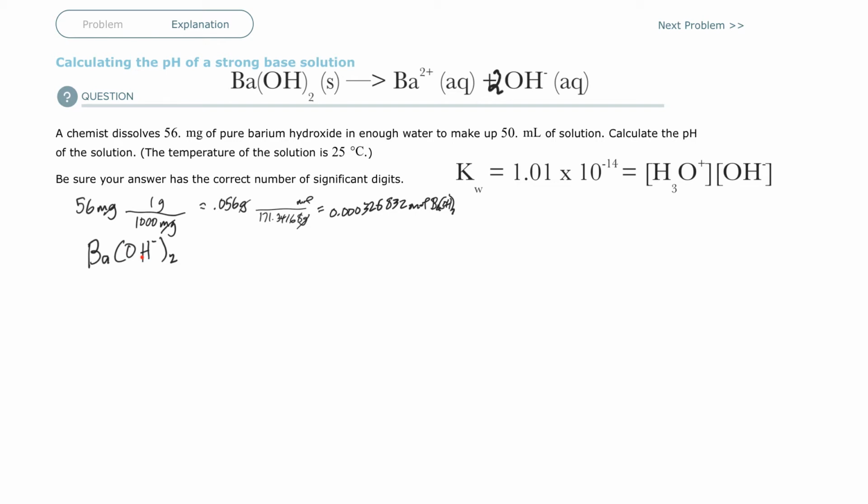I'm going to have 2 for every 1. So whatever this number is, I'm going to have to double, and that'll be the number of moles of the hydroxide. So take that number, multiply it by 2, and you're going to get 0.0006536665 moles of hydroxide ion.